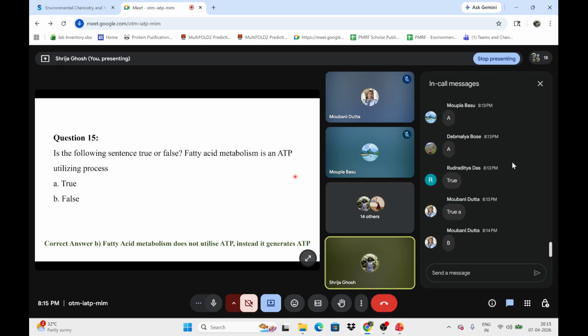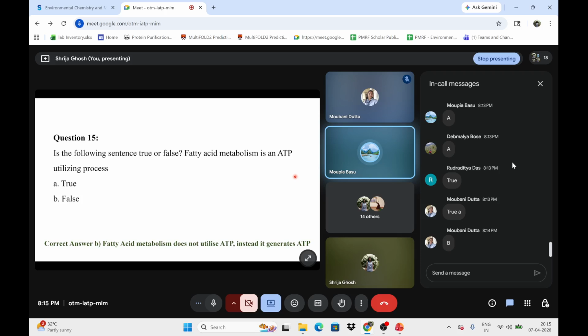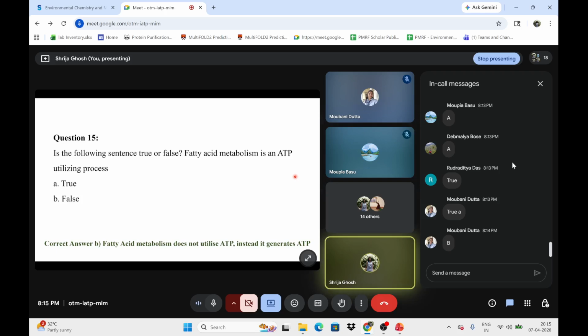Is this clear? Since all of you said true, I hope it is. A student asks: but here metabolism is mentioned, so how will we understand whether it is forming or getting broken down? Your point is right somehow, but since in the previous question we discussed beta oxidation, the questions were in that flow. Your point is not completely wrong. The question should have been fatty acid catabolism or fatty acid oxidation.